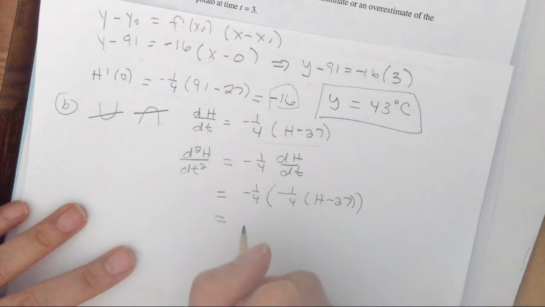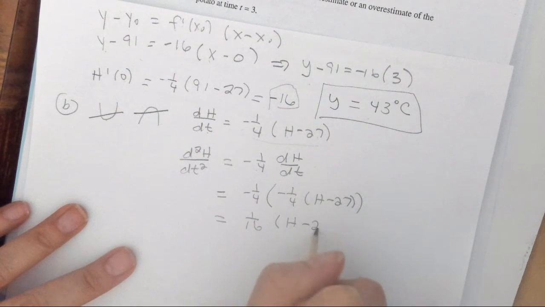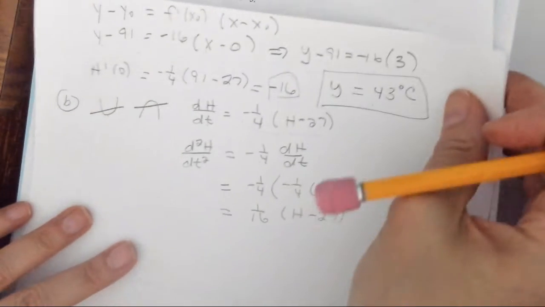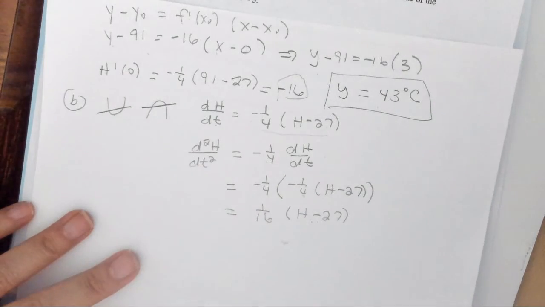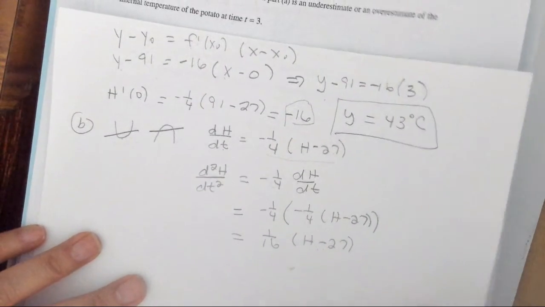Negative times a negative gives me a positive times h minus 27. So now, is my second derivative positive or negative? I guess that depends on, if I multiply this in here, what is h? Well, remember, always go back to your original problem to see if you can get any clues. So let's go back to our original problem, read it through.